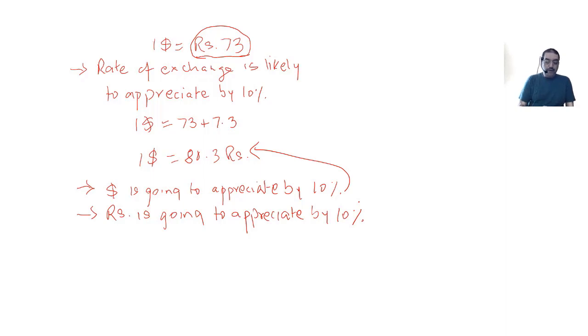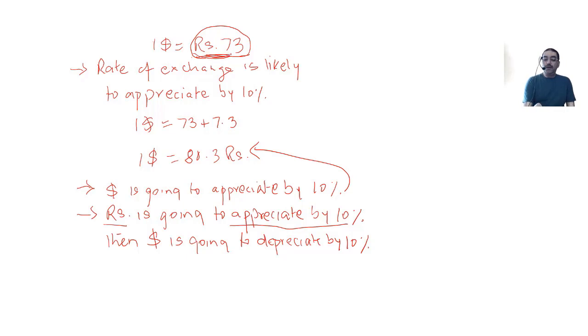In that case, what we do is, we say that if rupee is going to appreciate by 10%, then the thing that I will derive is dollar is going to depreciate by 10%. Because what I am having is not the value of rupee here. It's not the value of rupee, this is the value of $1. Okay. So if rupee is going to appreciate by 10%, it means that dollar is going to depreciate by 10%.